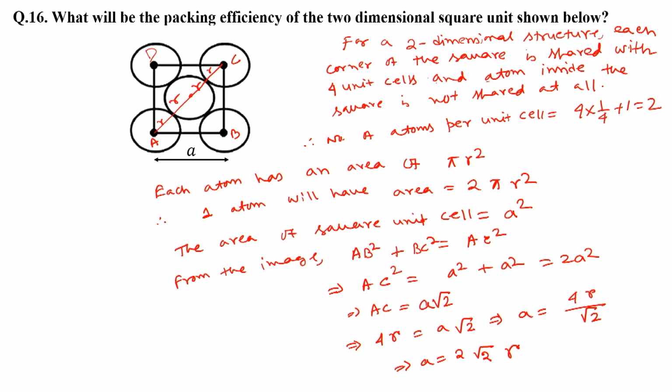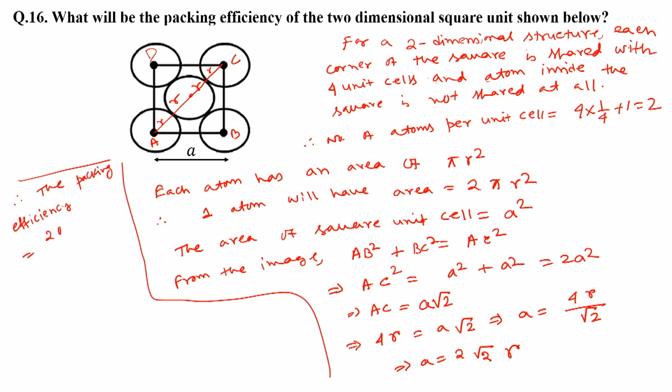Now we can calculate the packing efficiency. The packing efficiency is twice pi R square by a square times 100, that gives you percent.